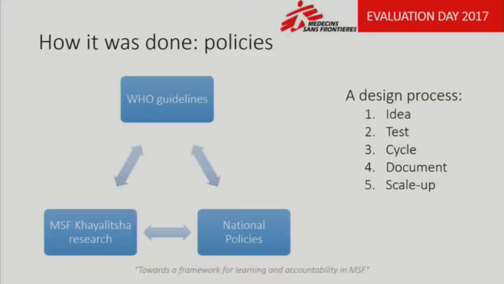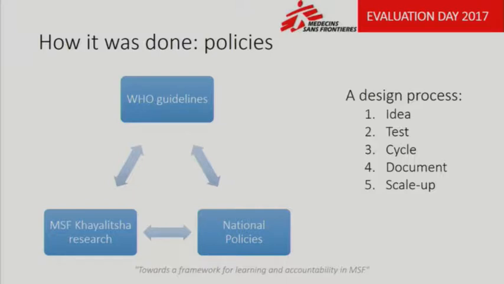That wasn't taken into consideration, so that's a very direct impact of research onto international policies. And then once international guidelines are adopted, they are basically standards for national policies to adjust their national standard plans, national policies. And that is kind of a triangle of how MSF research was reflected in national policies.